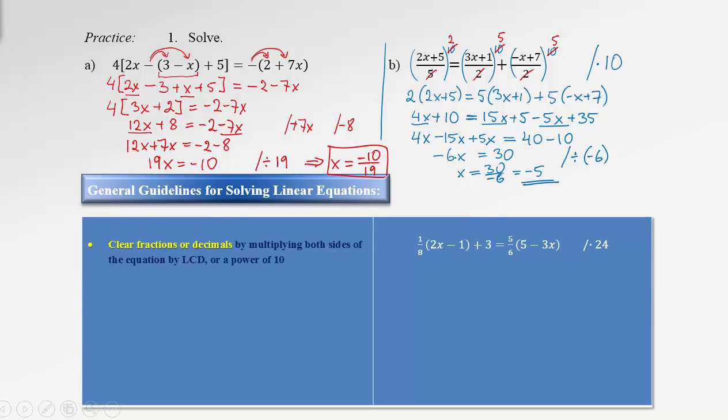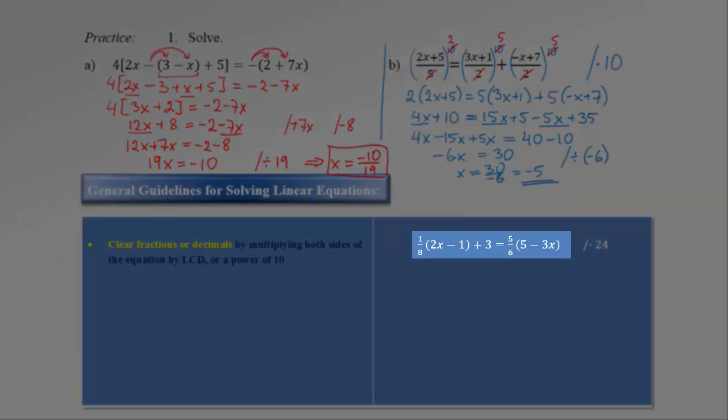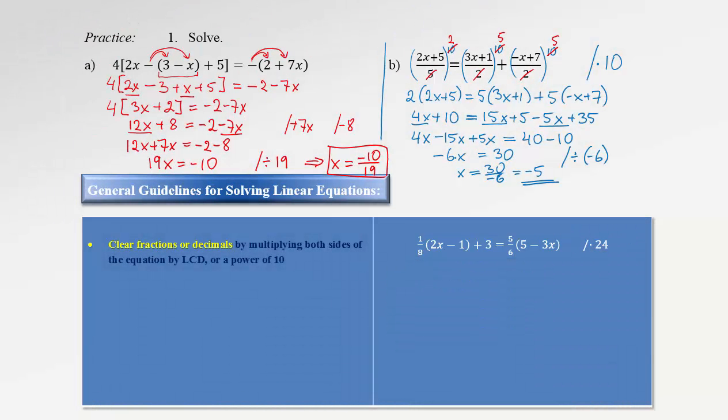Okay, let's put together the general guidelines for solving linear equations. So we'll review all those steps that we took to solve the above two examples by looking at, for example, this equation. Here we have an equation that involves some fractional numbers and some grouping signs, brackets. So what do we do first?